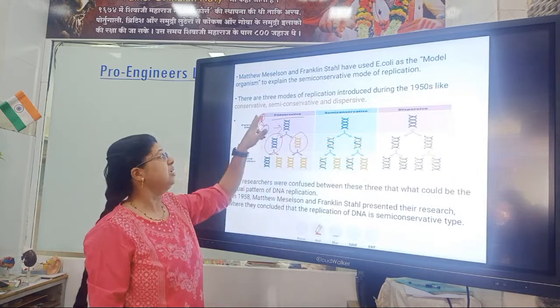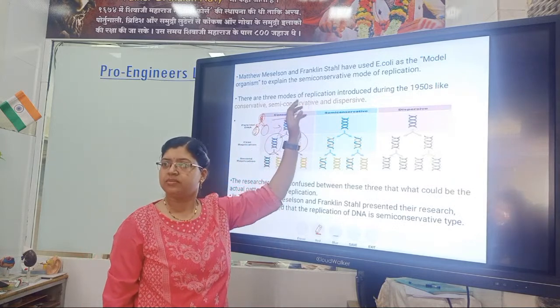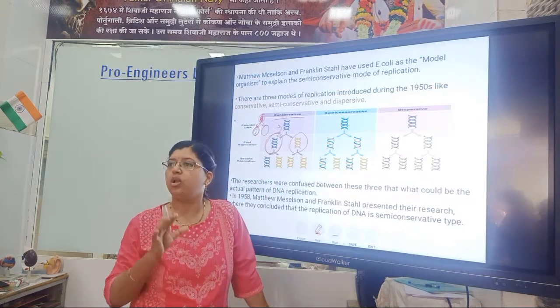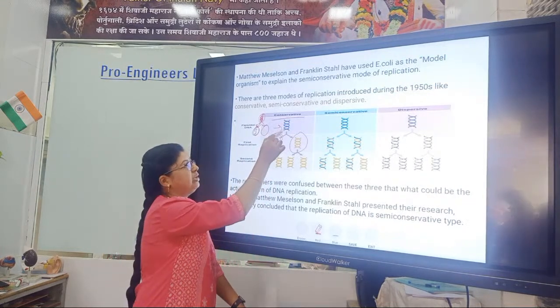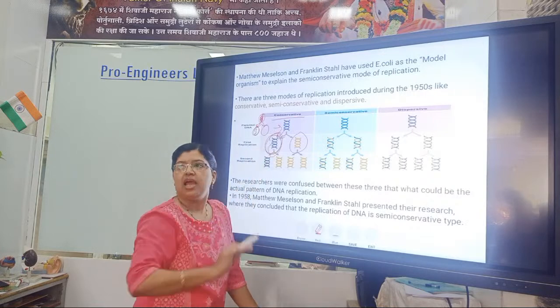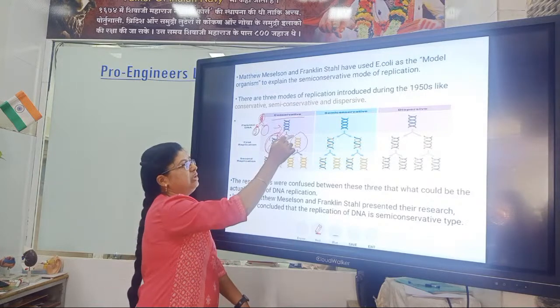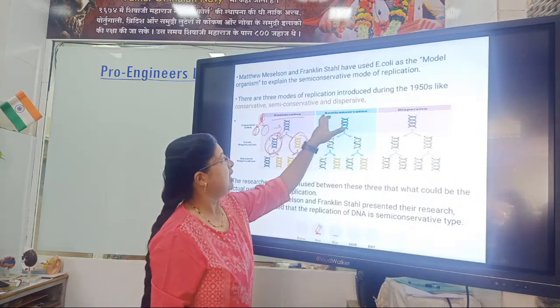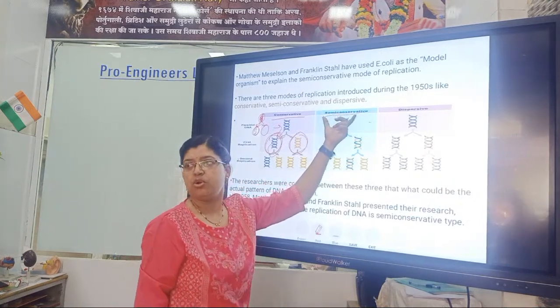This is nothing but the conservative model: the whole parent DNA is transferred into one cell and the daughter DNA is transferred into the next cell. So the next model is the semi-conservative model.